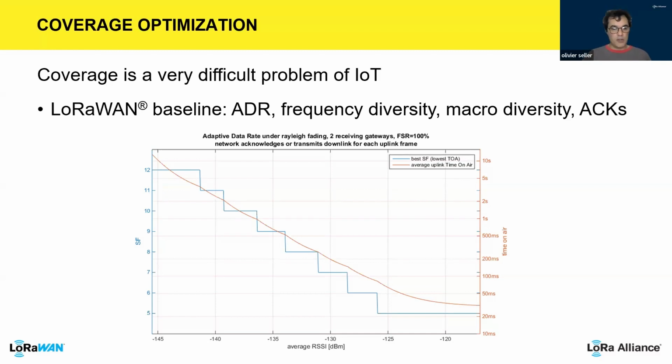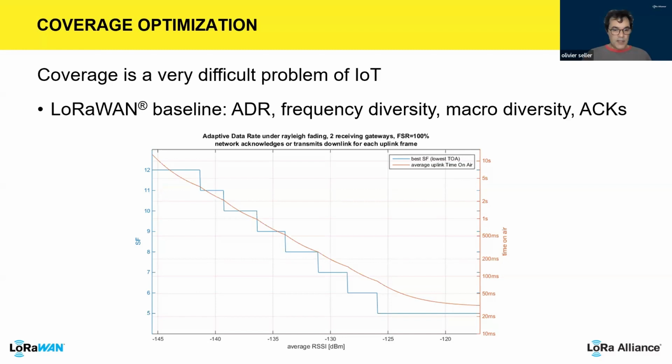So for instance, if the average signal level here on the x-axis is minus 130 dBm, that's the average, but some frames will experience much lower, typically down to 15 dB lower, and some frames will experience much higher, typically 15 dB higher also. So here we report the average RSSI. Keep in mind that there is a huge variation around that.